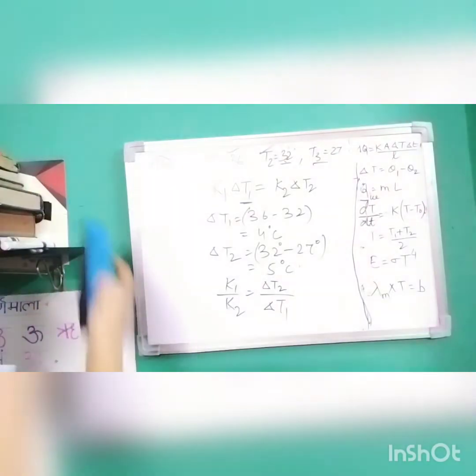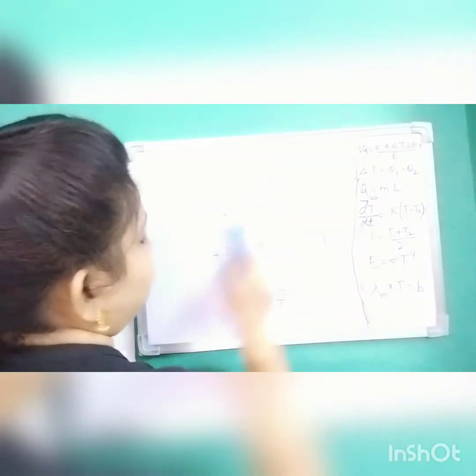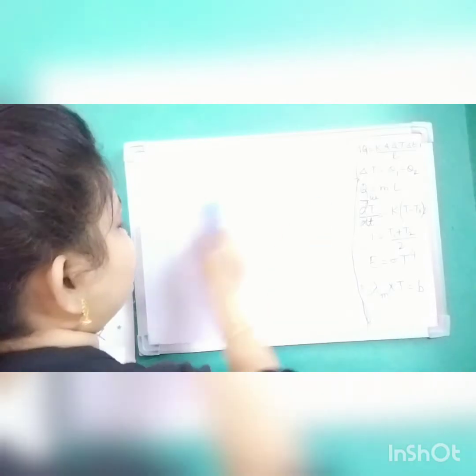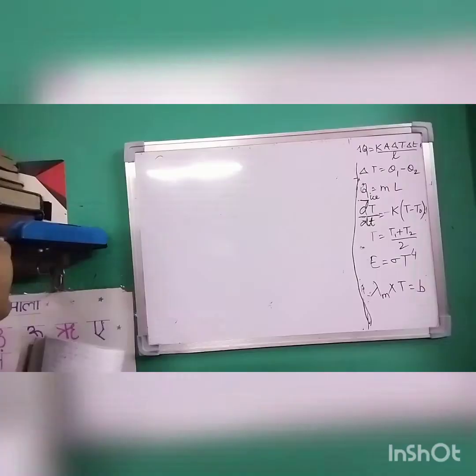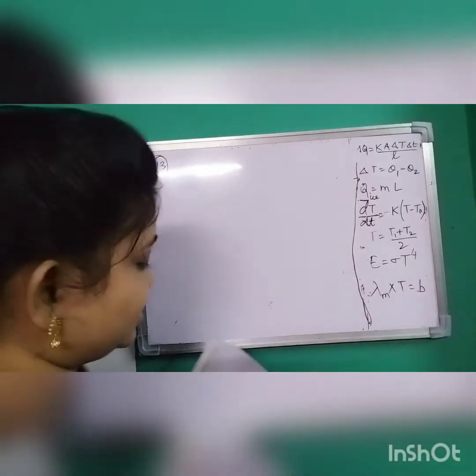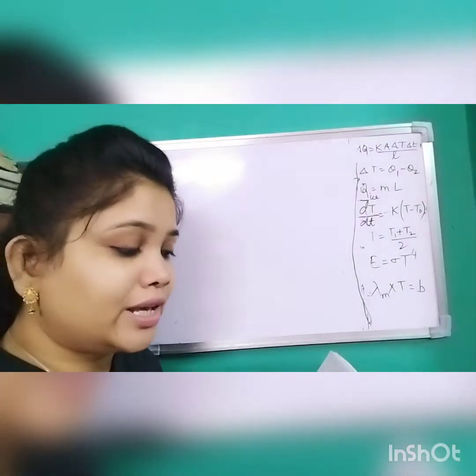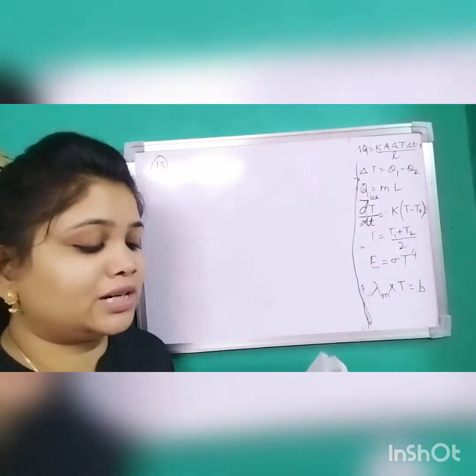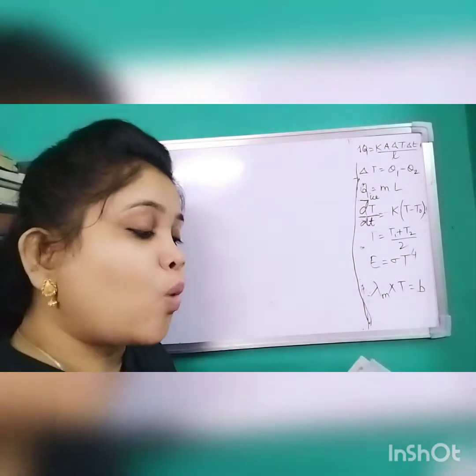Now let's quickly move to sum number 13. Let's see what sum number 13 tells us. It tells us that the ratio of the area of cross section of two conductors of different metals is 1:2.